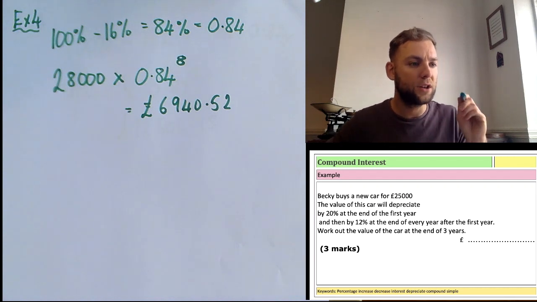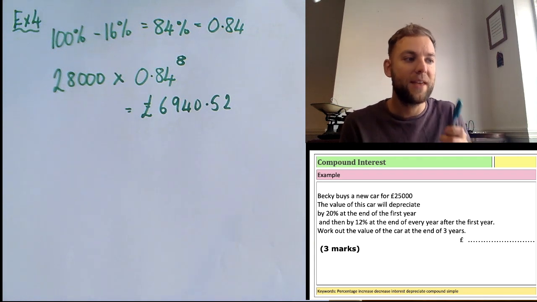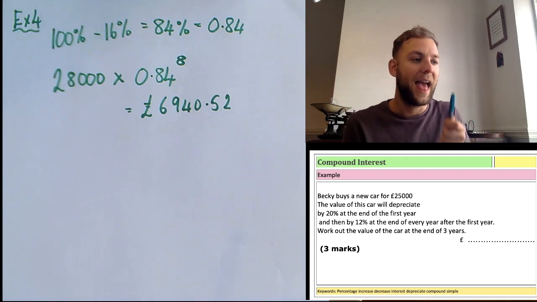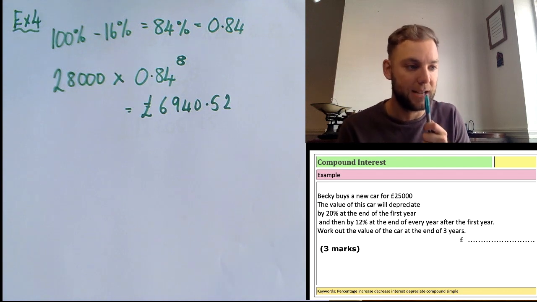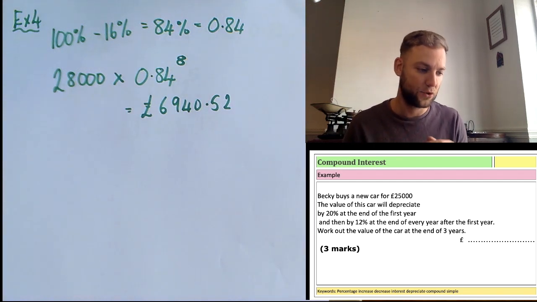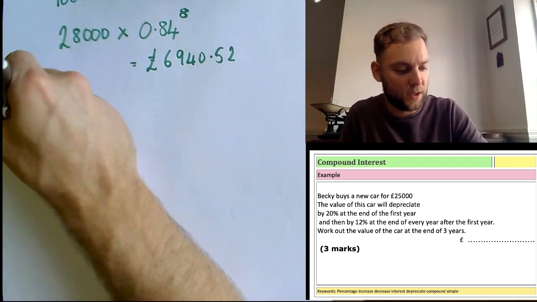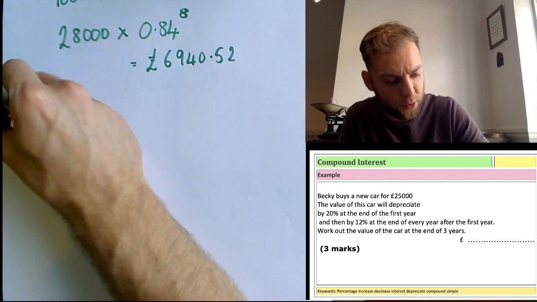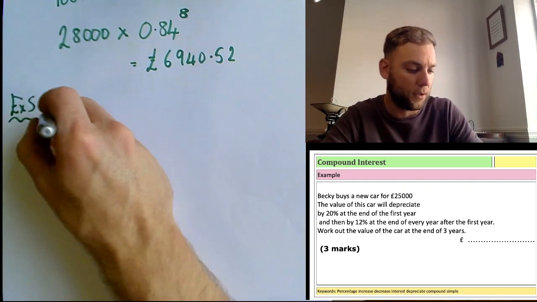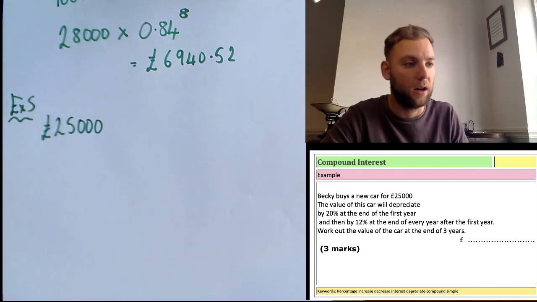The value of this car will depreciate by 20% at the end of the first year, and then by 12% every year after that first year. Work out the value of the car after 3 years. So the way we do this, this one here is example 5. I think we should be alright with this for now, but I thought it worth doing because these questions do come up quite a lot.